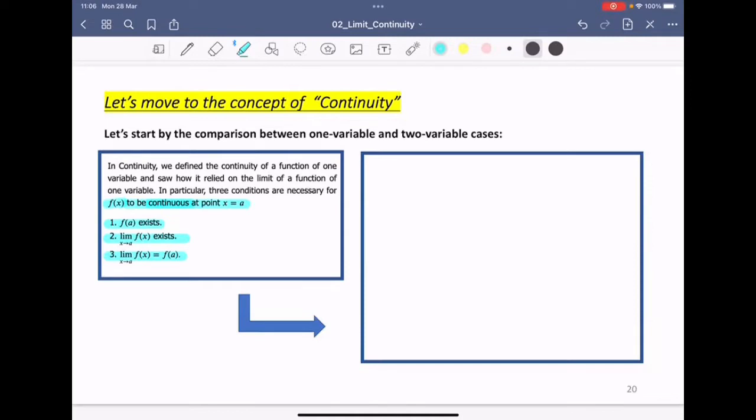In two dimensions, it's gonna be the same, everyone. We just need to extend to two dimensions. So to say that f(x,y) is continuous at the point (x,y) equal to (a,b), you can see the difference here is you have a function of two variables.